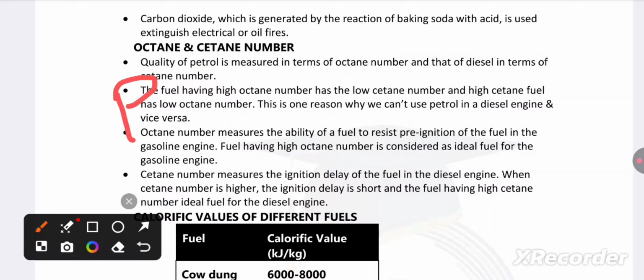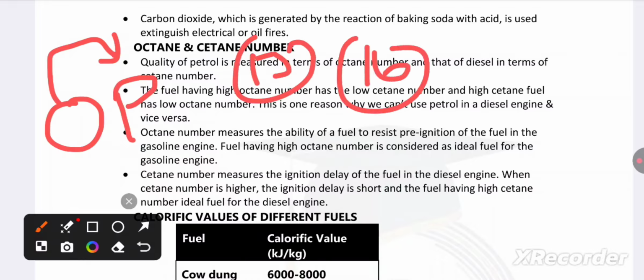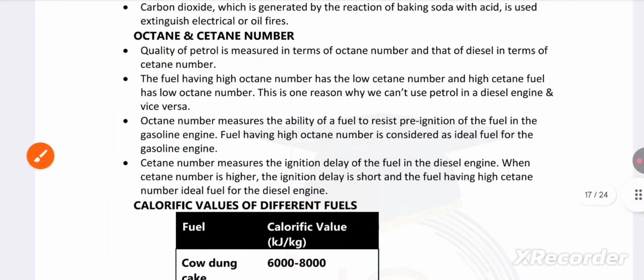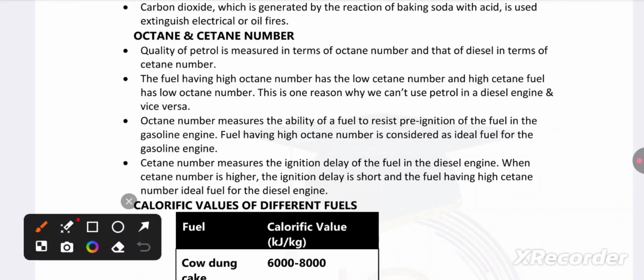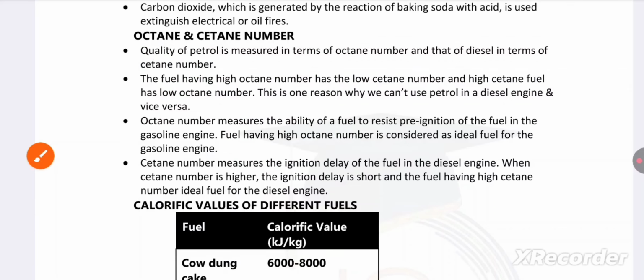P, O in the alphabet: O comes after P. The number value of the alphabet series, O15, P16. Petroleum, octane. Diesel, cetane. C after D, right? Nice.